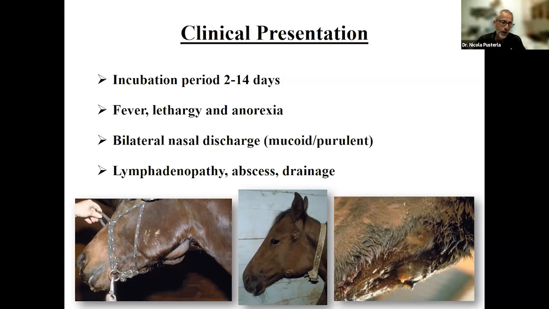The interesting part is that our group here in Davis is involved with Merck's biosurveillance program, so we gather a lot of information on animals with acute onset of fever and respiratory signs. What we find when it comes to strangles is that age and immune status determine the disease severity.